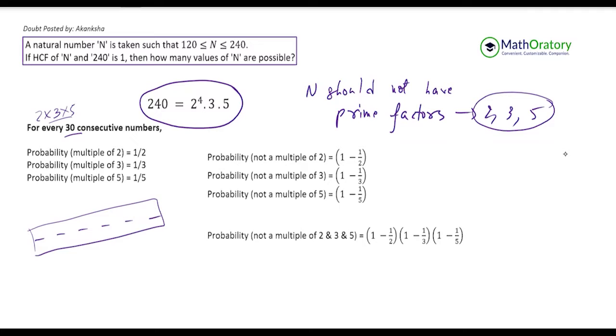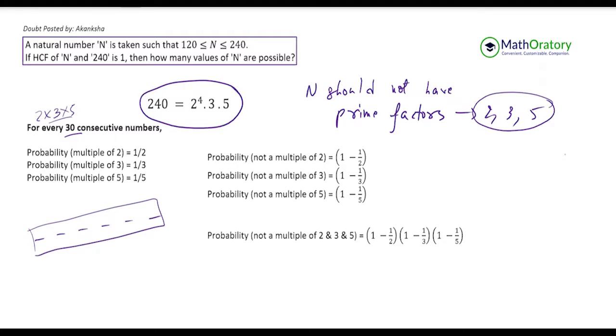Similarly, every third number will be a multiple of 3, provided the number of values we consider is itself a multiple of 3. In this case, the 30 that I've considered is a multiple of 3, right? So every second number is a multiple of 2, every third number is a multiple of 3, every fifth number is a multiple of 5.